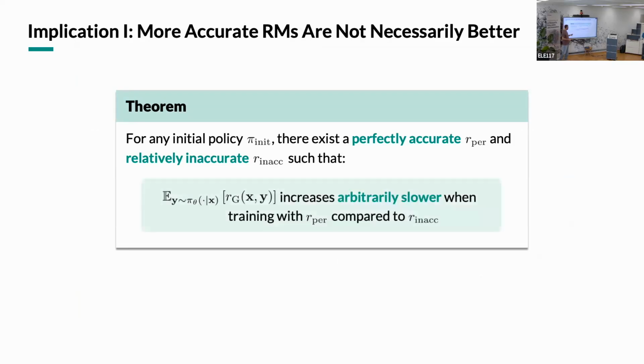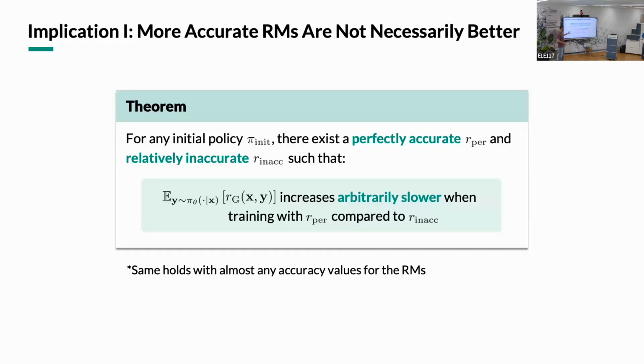And for them, you can show that the expected ground truth reward will increase arbitrarily slower if we use the perfectly accurate reward model, as opposed to the relatively inaccurate one. Okay? And I'm giving this extreme case, but actually the result is more general: for almost any two accuracy values that you give me, I can give you two reward models of these accuracies. One of them will work well, but the other will lead to low reward variance and slow optimization.